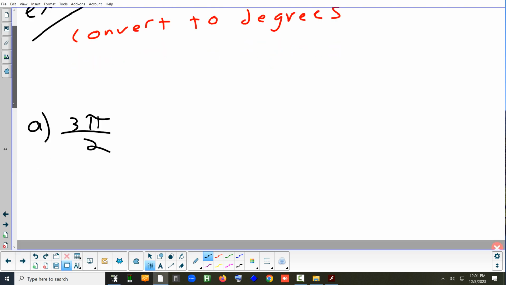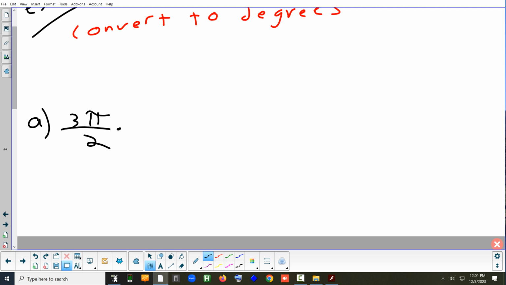Okay. How about this one? If you want to convert that to degrees, imagine it says RAD right next to the word pi. Where's radians going to go in this fraction? It would go on the bottom. And what number do we always think of when we think radians?